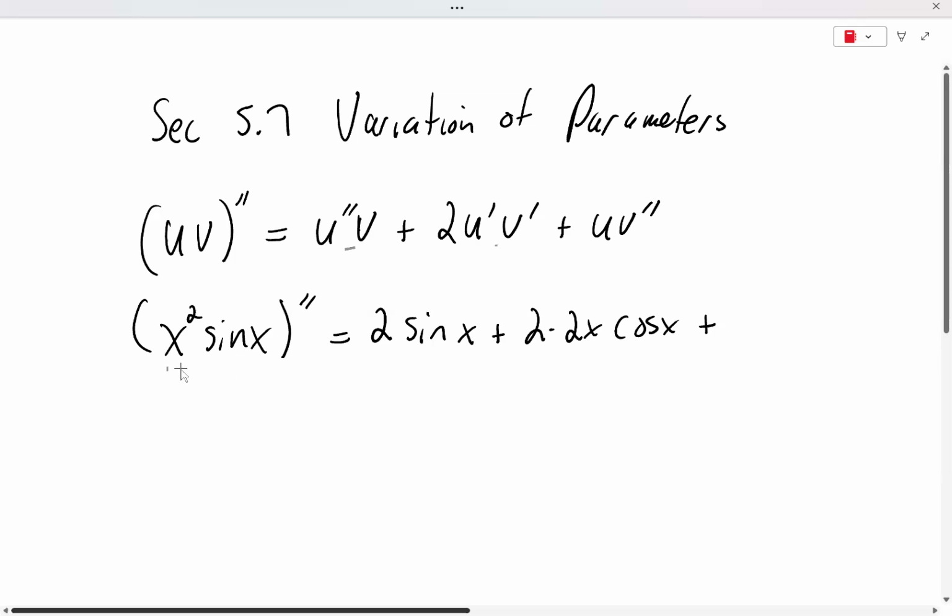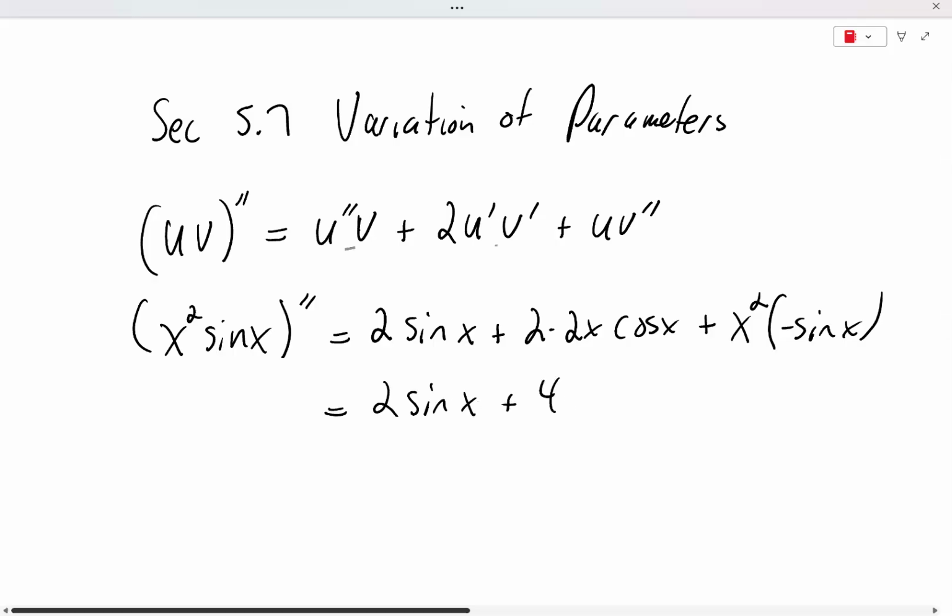Plus, for the last one, you keep this one and multiply by two derivatives of the second, which would be negative sine x. So this would be the second derivative. That's just a little bit of how that second derivative rule works if you have a product.